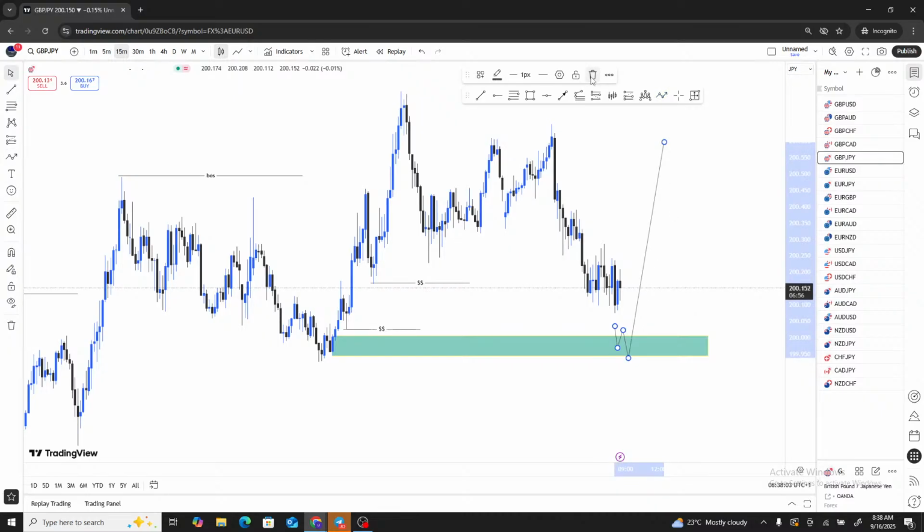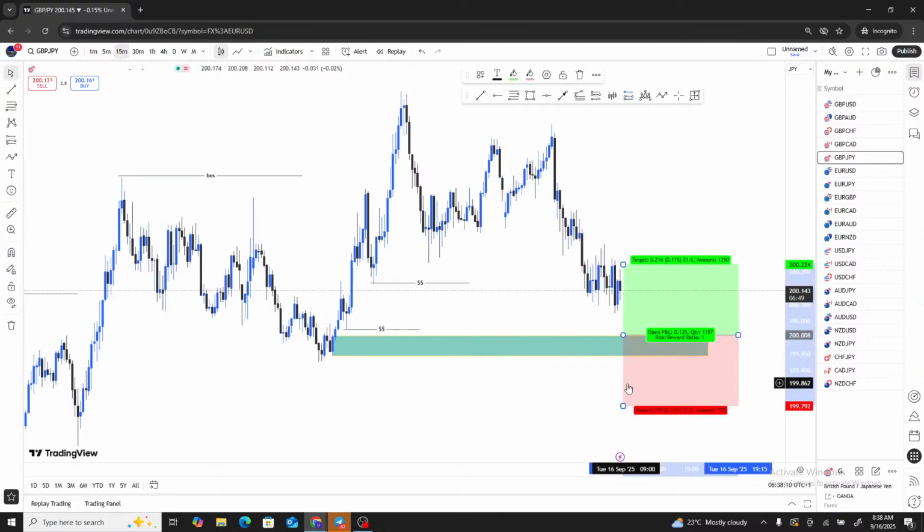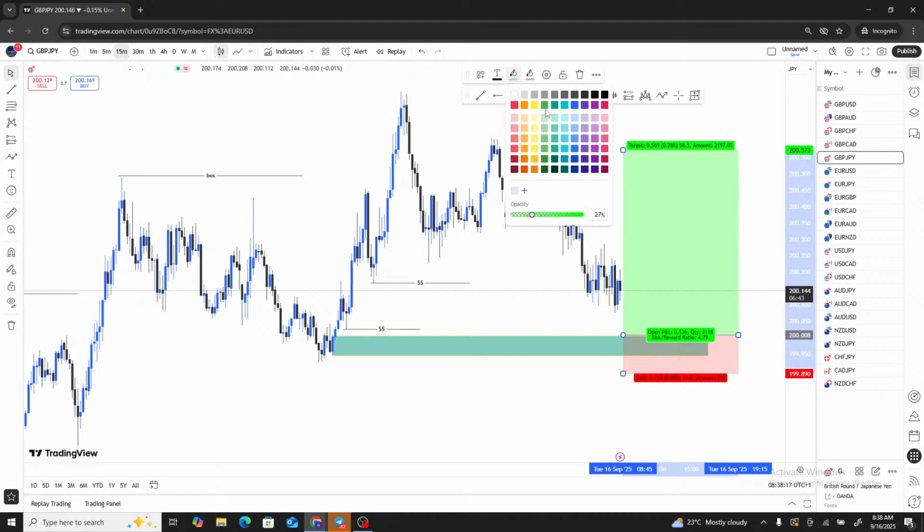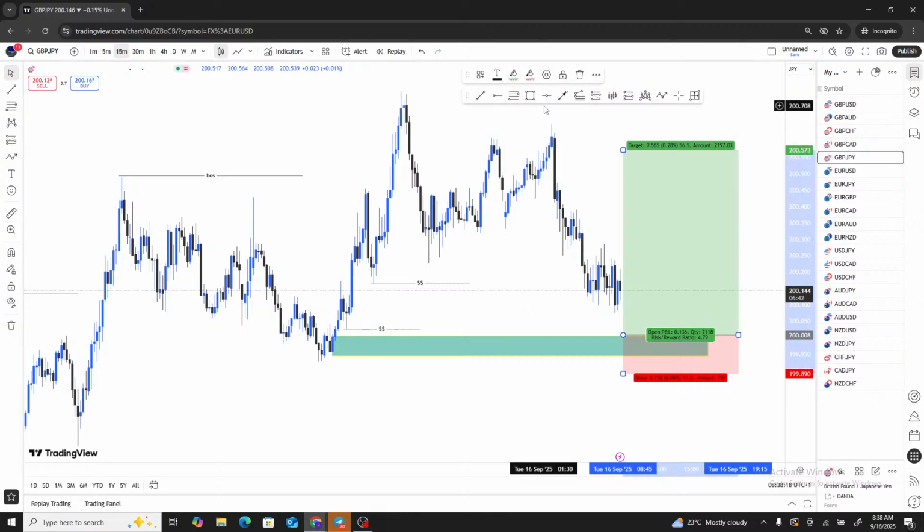Okay, so it is what I look forward to see, price tapping into this order block and moving to the upside.